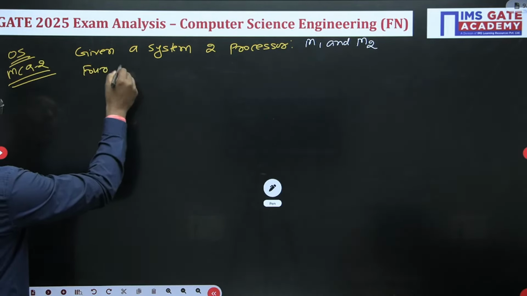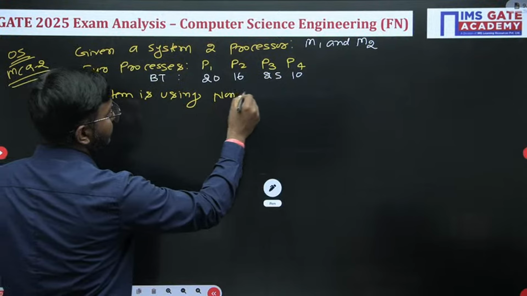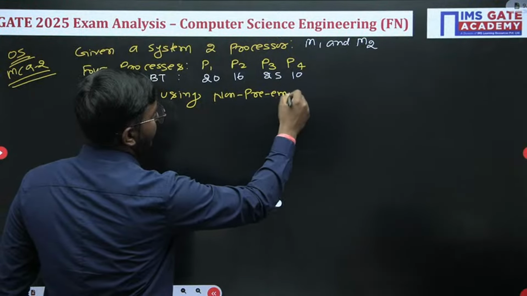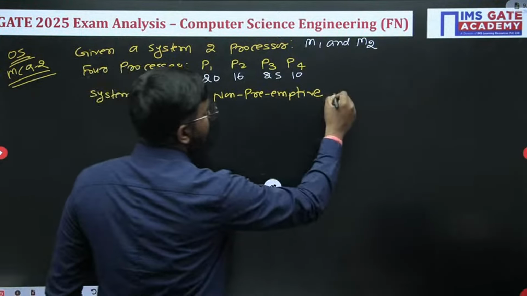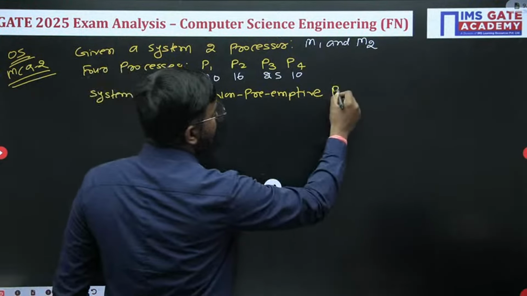This system is using non-preemptive priority scheduling. Now the priorities are assigned as follows. For machine M1, P1 has the highest priority, then P3, then P2, then P4. So P1 has the highest priority and P4 has the lowest.